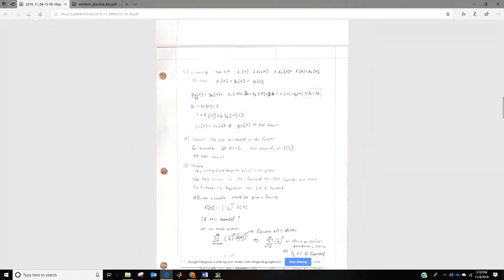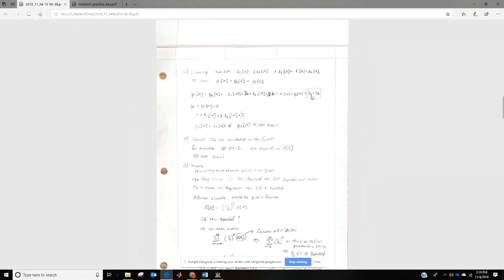So we plug in, we find y1 of n plus y2 of n equals, this is the x1 of n and x2 of n put in. We have a term out to the side, the coefficients that give us 3a and 3b. These are just coefficients. Linearity could be like, say, a equals 2 and b equals 3.